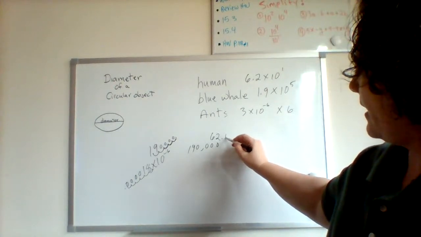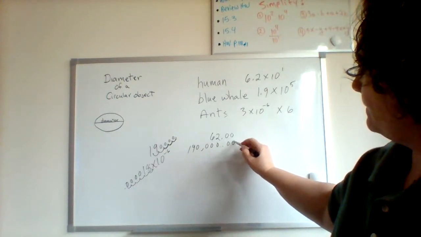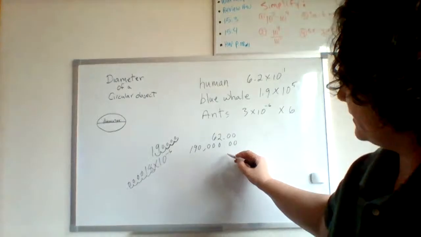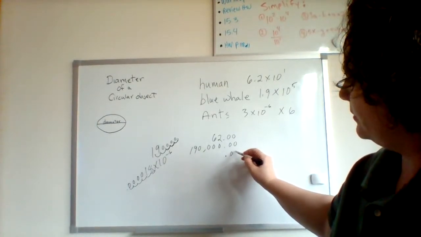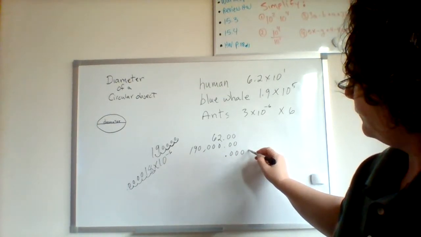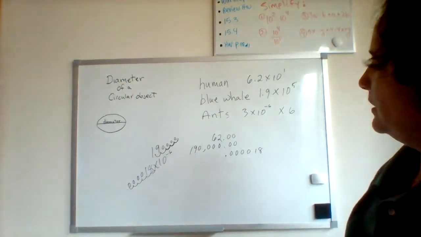Now, these have decimal places here. So for this one, it's actually going the other way. 1, 2, 3, 4, 1, 8.